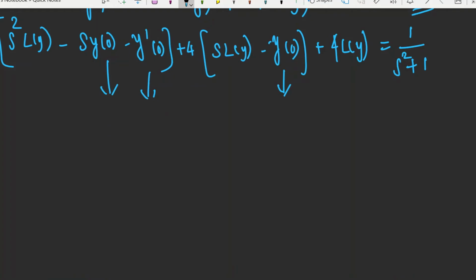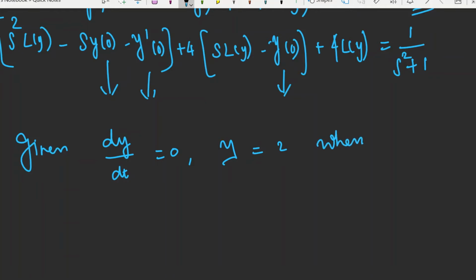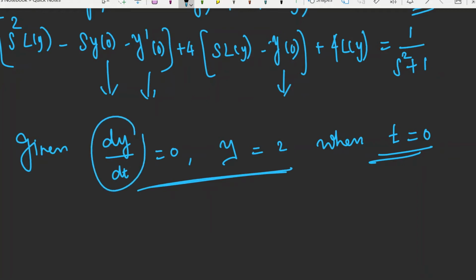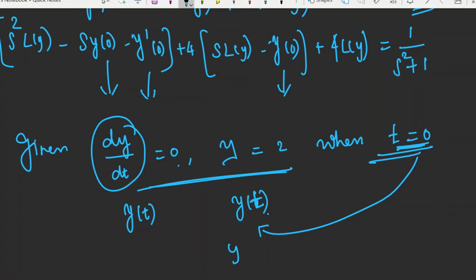So what is the meaning of this expression? y is just y of t, and at t equals 0, y of 0 equals 2.